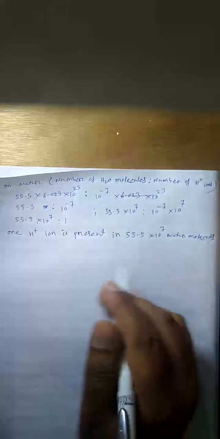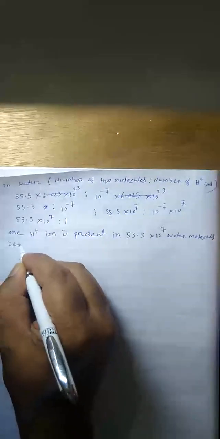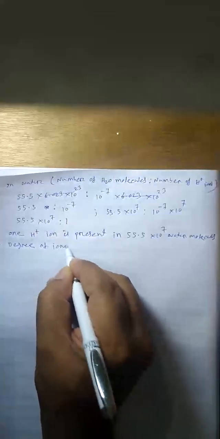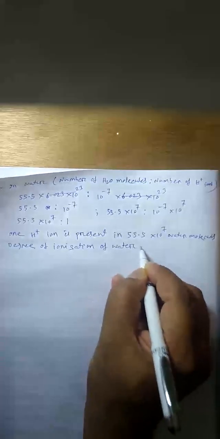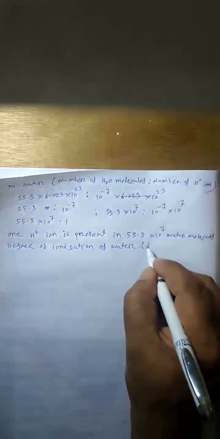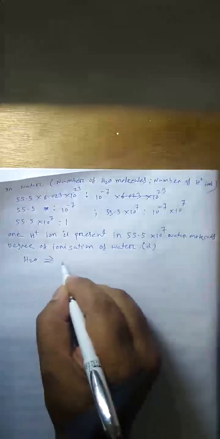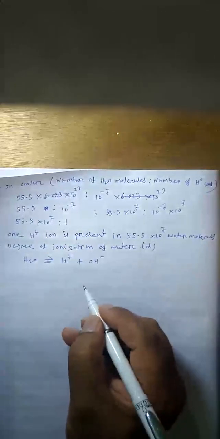Then next, what is the degree of ionization of water? Degree of ionization means alpha. Water when split is converted to H plus plus OH minus.